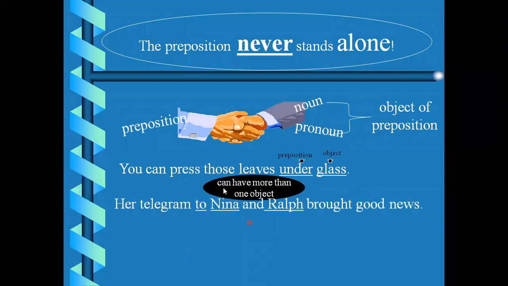You have to know that the preposition can have more than one object. Like this example here, telegram to Nina and Ralph. Nina is an object, or it's the first object, and the second object here is Ralph. So Nina is an object, Ralph is an object. The word to is a preposition, and all of it, to Nina and Ralph, is a prepositional phrase.